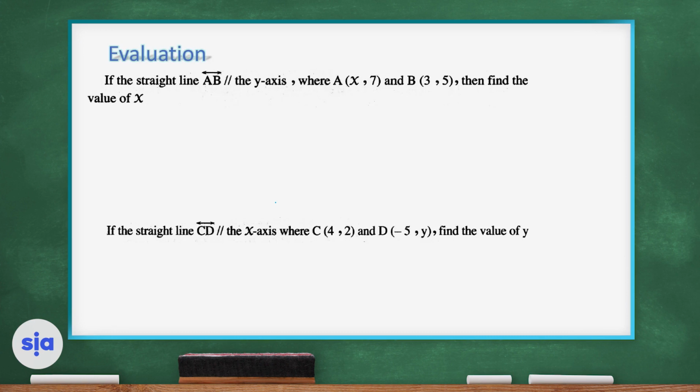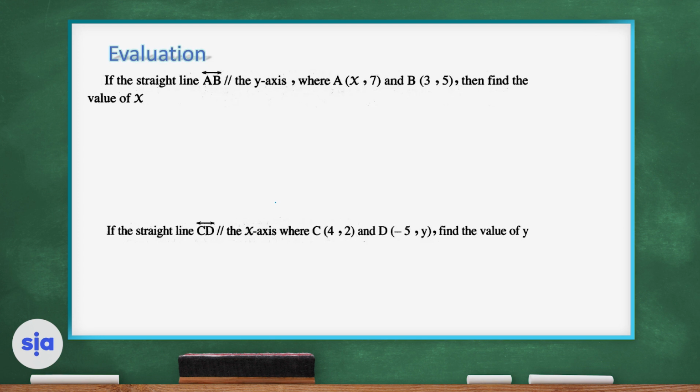If the straight line AB is parallel to the y-axis, where A is (x, 7) and B is (3, 5), then find the value of x. As long as AB is parallel to the y-axis, this means that the slope is undefined.